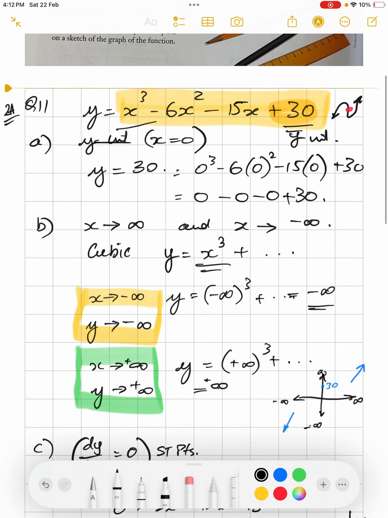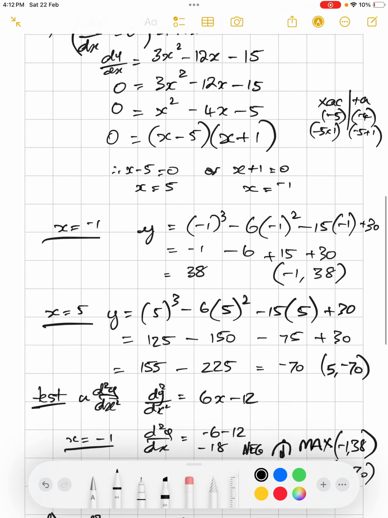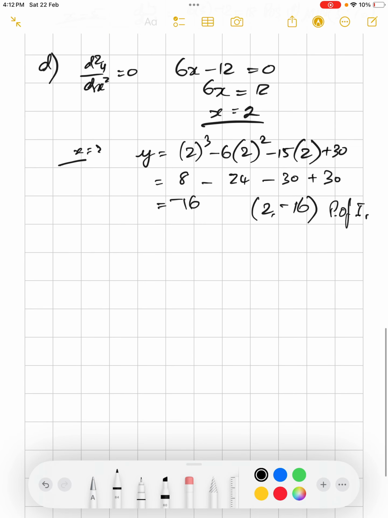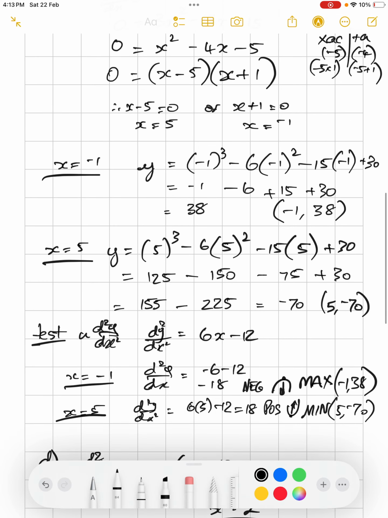Finally, what they want us to do is graph this. Okay, so let's get a graph. We're going to have our y value. We're going to have our x value. And we're going to have the 0 there. And we've got negative 16. We've got 2. We've got 5.